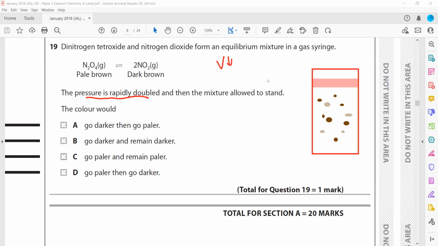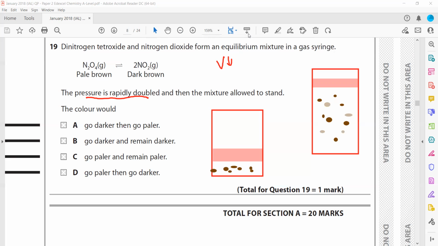So when we increase the pressure, we reduce the volume. So first thing that happened, the particles or the molecules come closer to each other. As the molecules come closer to each other, what will happen to the intensity of the color? The color intensity increases.